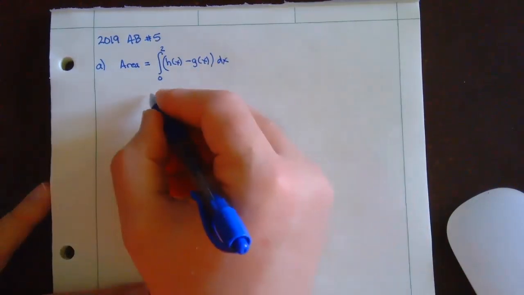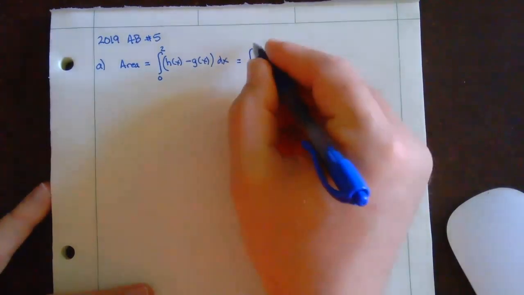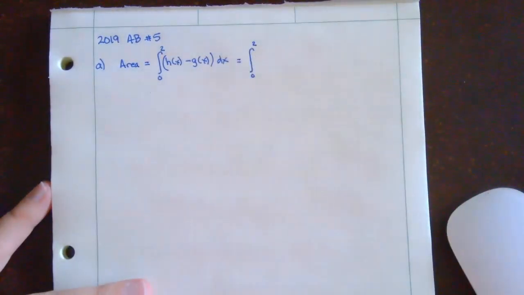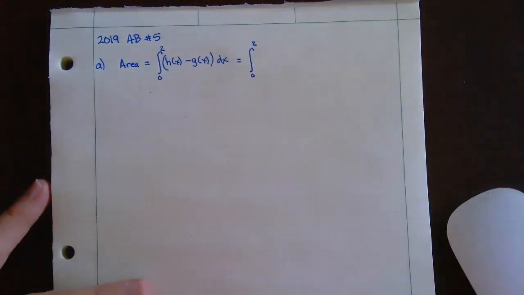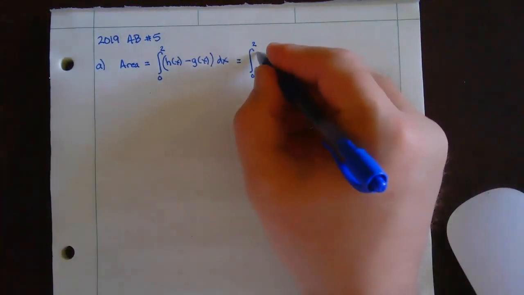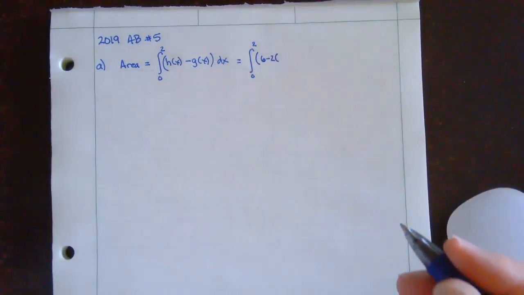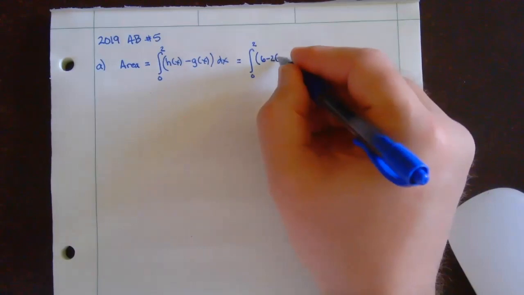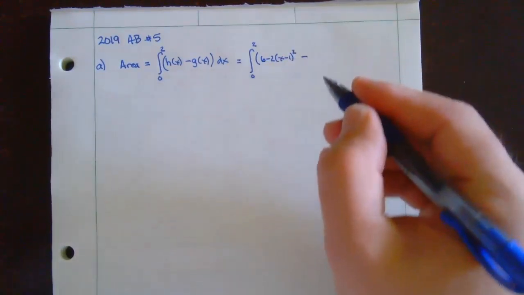Okay, so then this would equal the integral from 0 to 2. So h of x is the 6 minus 2 parenthesis x minus 1 squared, and then minus the g of x.